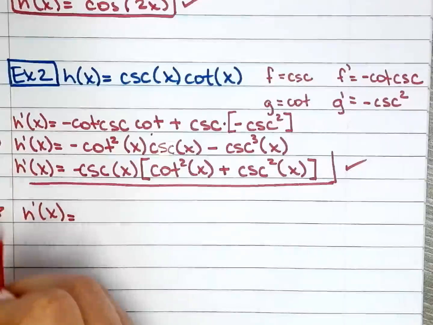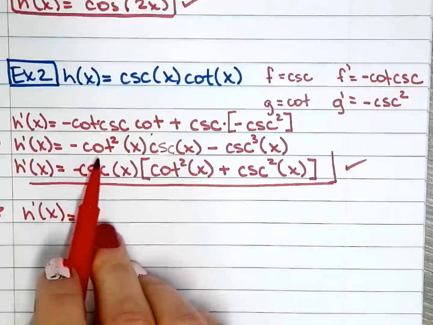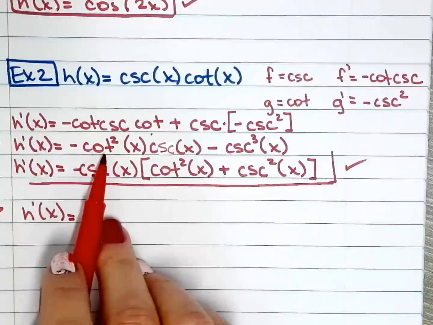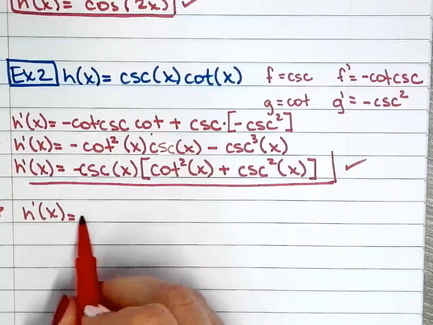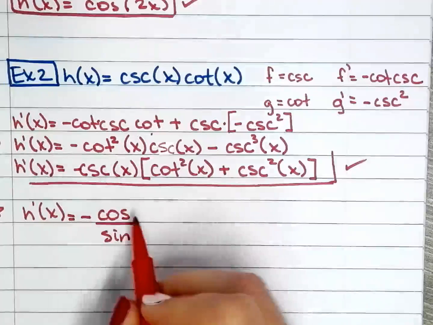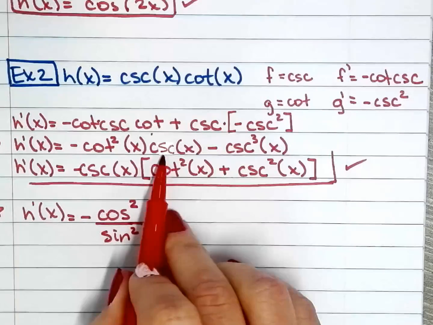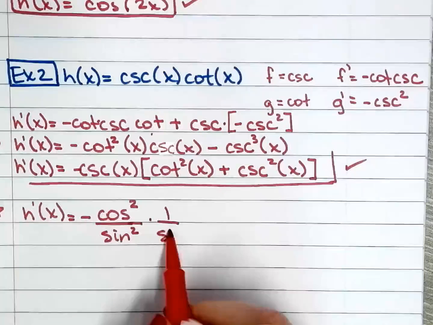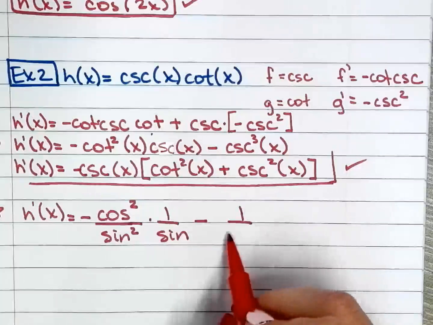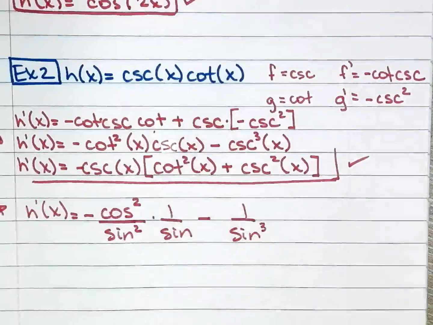So negative cotangent, you know, it's cosine over sine, and because it's squared, we need to square it. Cosecant is 1 over sine. And then cosecant again, 1 over sine, but because this one is cubed, it's cubed.